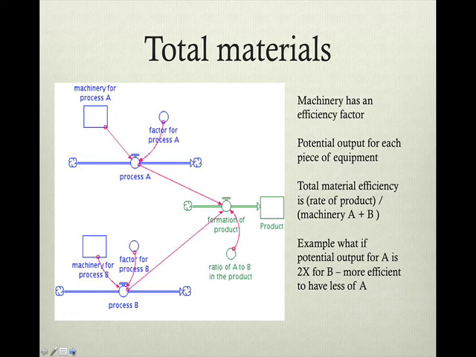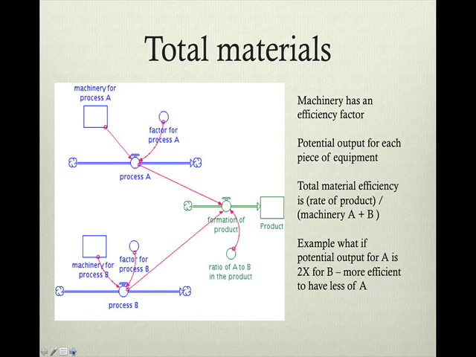And the idea for this is that the potential output of each process contributes to the overall formation of the product, but what's going to limit the rate of that formation of product is whichever process goes more slowly, whichever is rate limiting.